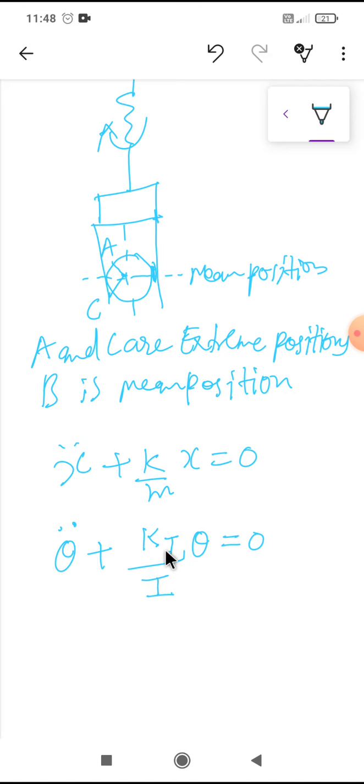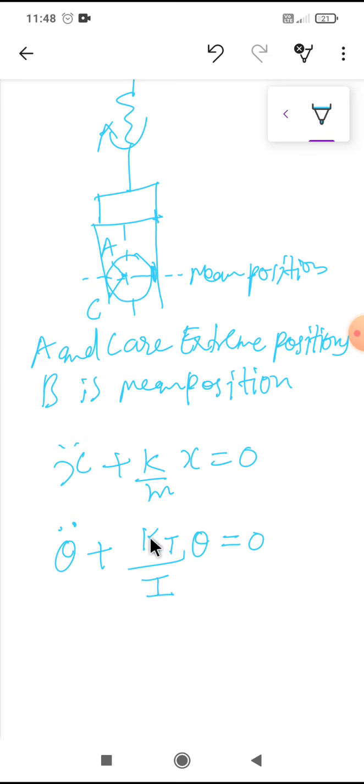So I is the mass moment of inertia, theta is the angular twist, and theta double dot is the angular acceleration. This is the formula for torsional vibration.